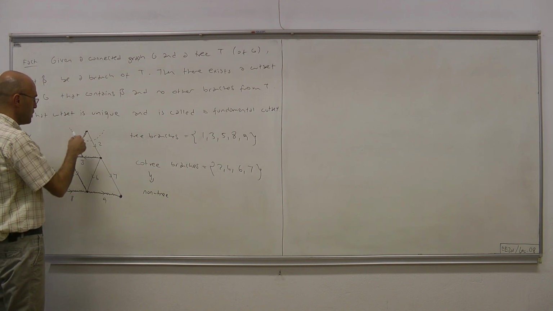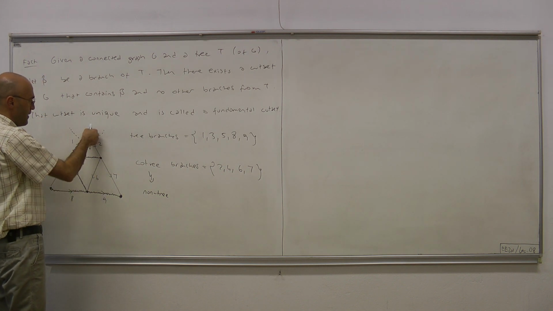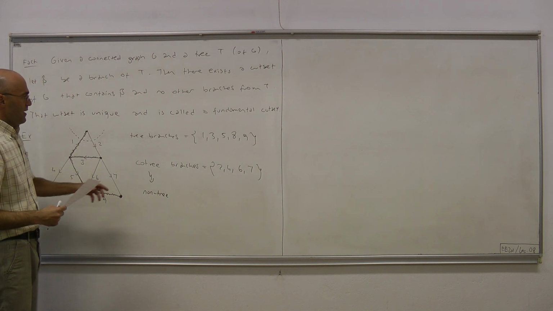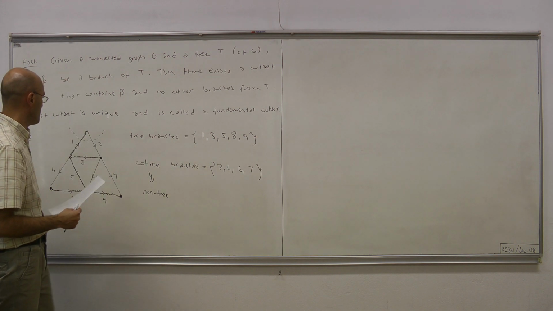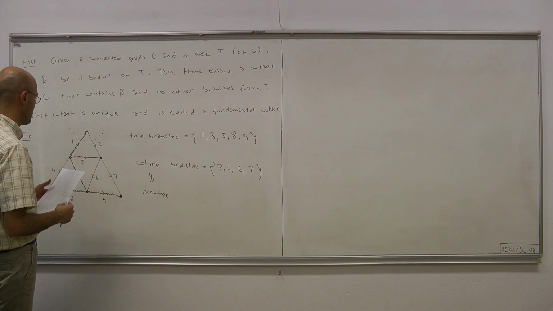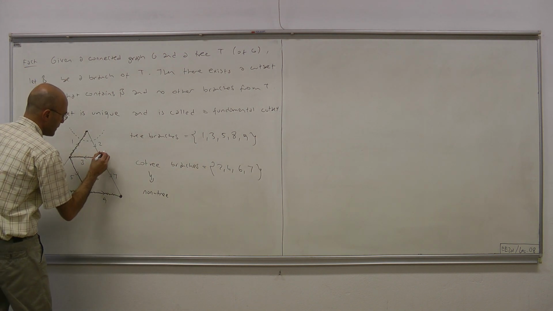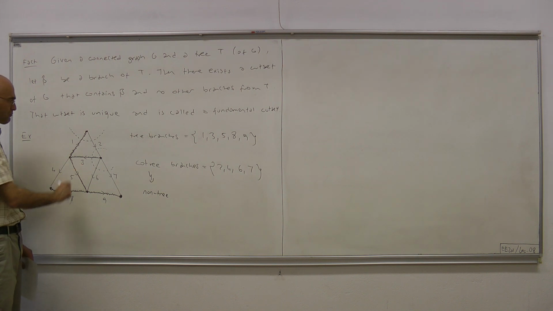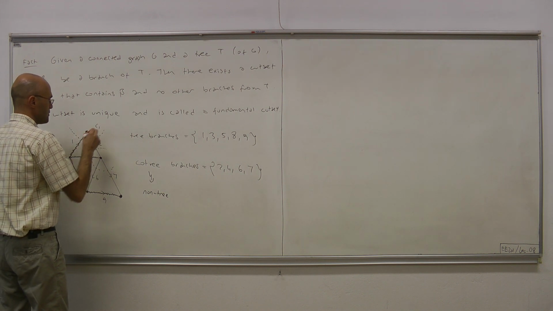If you remove those two, what remains is this part of the graph and this node sitting on its own. Then move to the third branch, the next tree branch. This is the fundamental cutset associated to that branch. So let's call this C1.